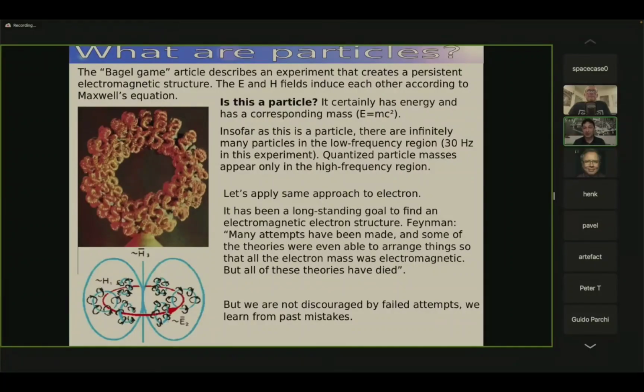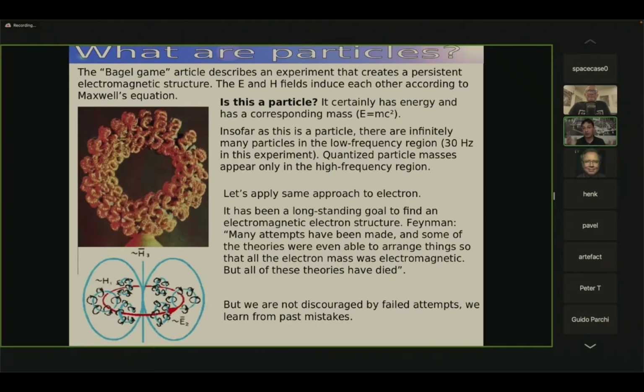Okay, big question. Did the people doing this experiment create a particle? Well, this electromagnetic object certainly has energy, and if it has energy, it has a corresponding mass, E equals mc squared. So in many ways, this fulfills the definition of a particle, but they used a very low frequency, and they did not have to choose very particular sizes.